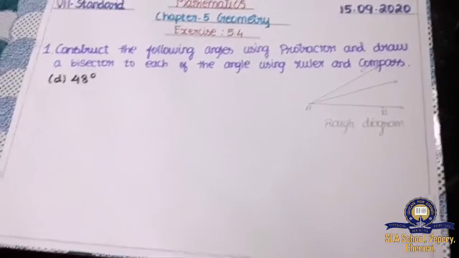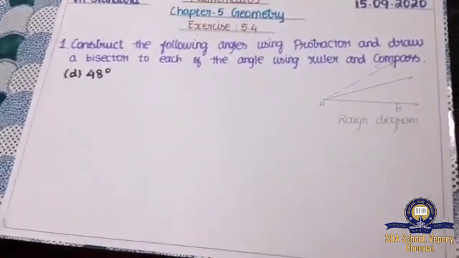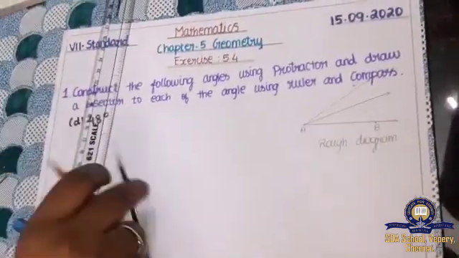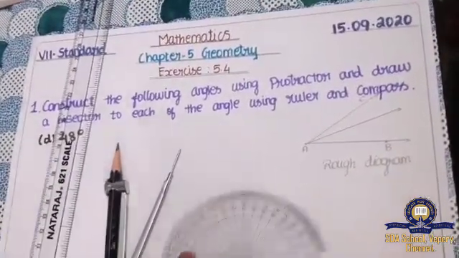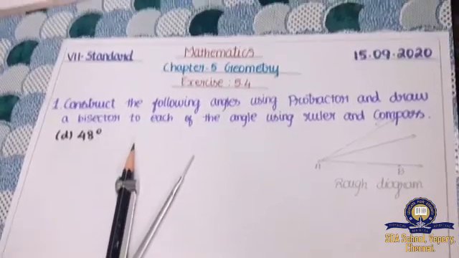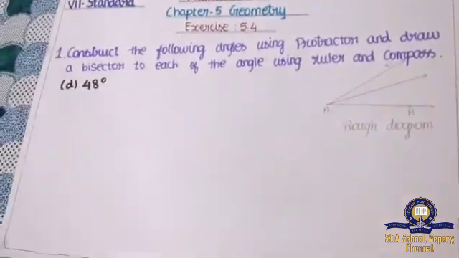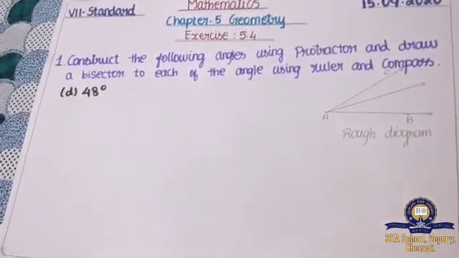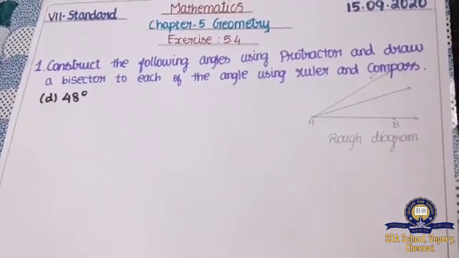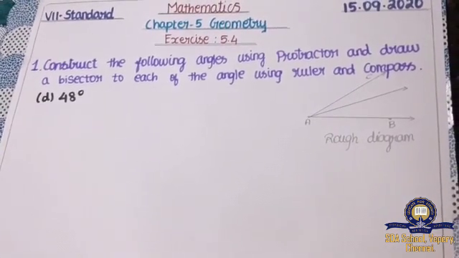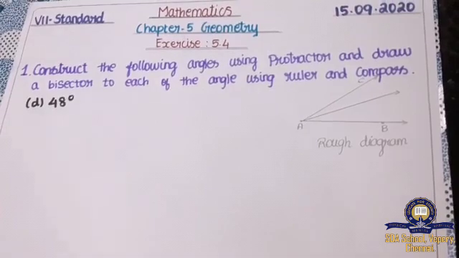Our second step is to draw the fair diagram. So students, take your scale, compass with pencil and protractor. Students, listen carefully. Now, our first step is to draw the line. For an angle bisector, we can take any measurement.